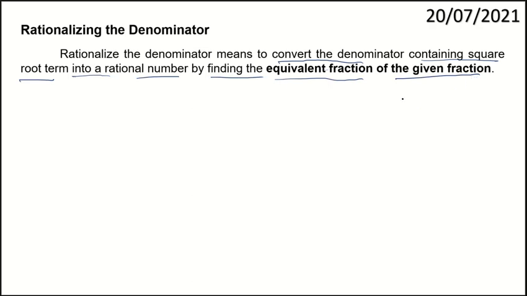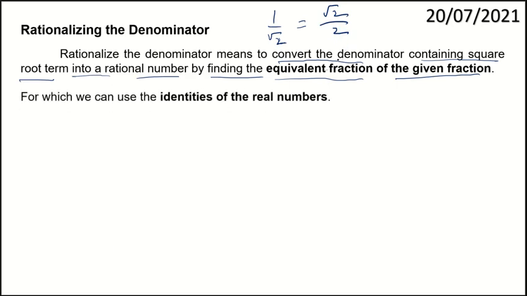So we found 1 by root 2 equivalent to root 2 by 2. So it's an equivalent fraction of this 1 by root 2, but with the denominator rational, for which we can use the identities of the real numbers.